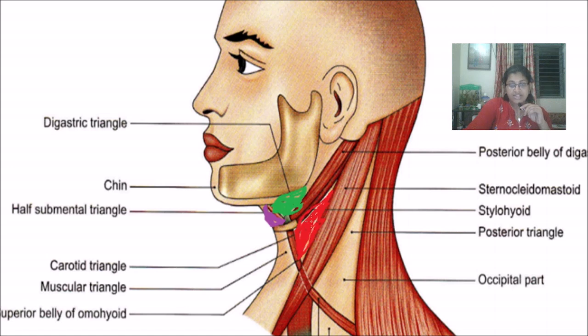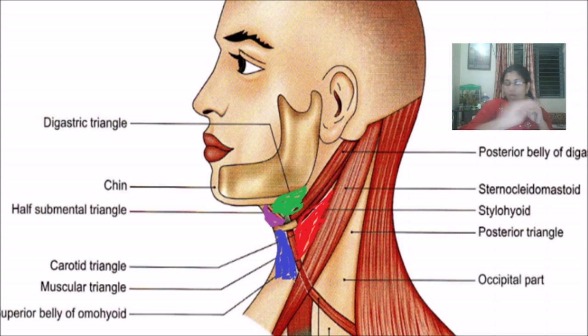We have three triangles now, and the last one is the muscular triangle. Am I clear now? These are the four triangles which are seen in the anterior triangle.